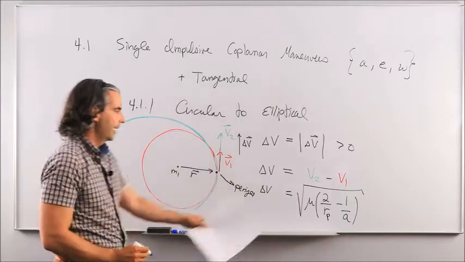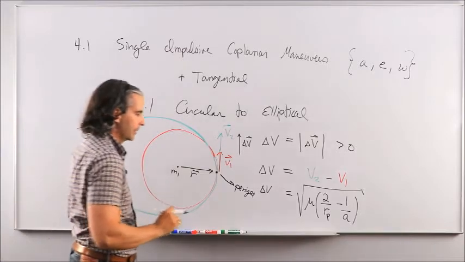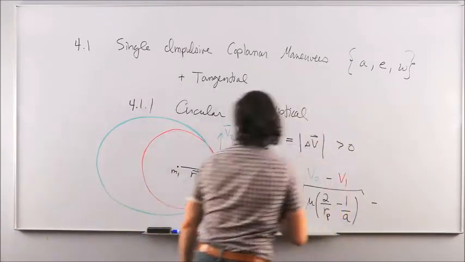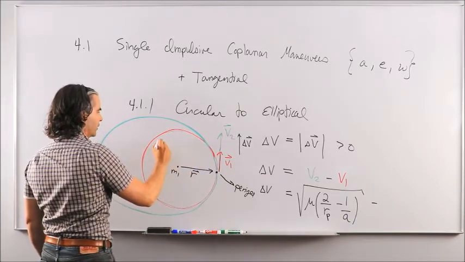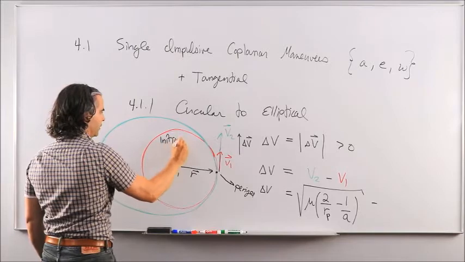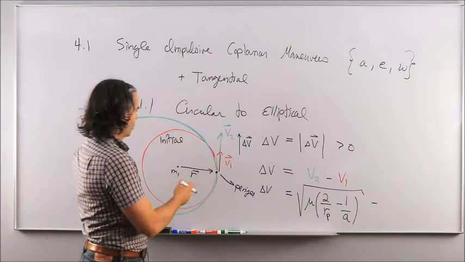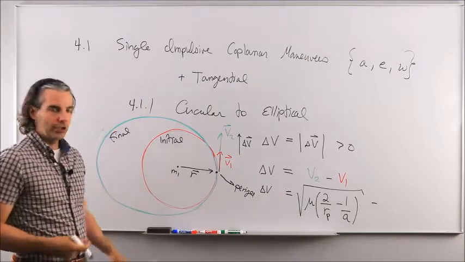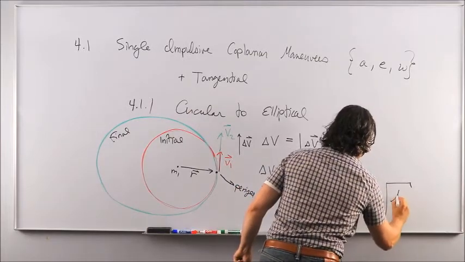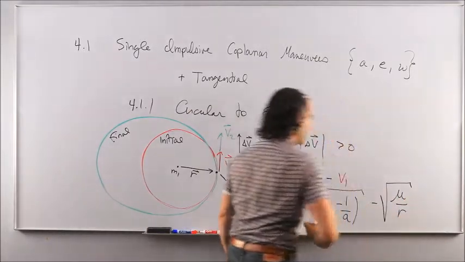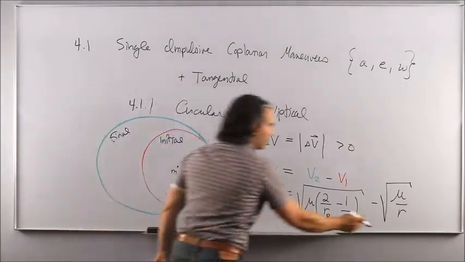Okay? And a here refers to the semi-major axis of the big elliptical orbit, and minus V1, which is the speed that the spacecraft had along the initial orbit. All right, initial and final. So the initial orbit being a circular one, there is no perigee, there's no apogee to consider. So all we have to do is take the square root of mu over r, and that will give us the speed at any point along this circular orbit that has a radius equal to r.